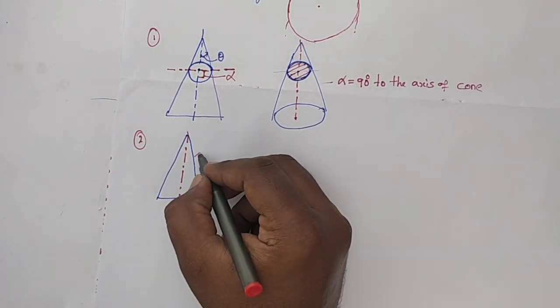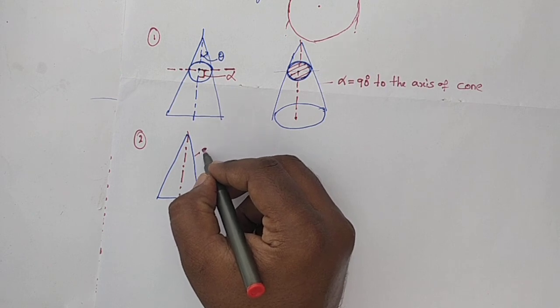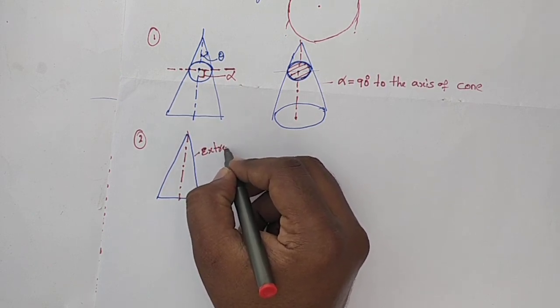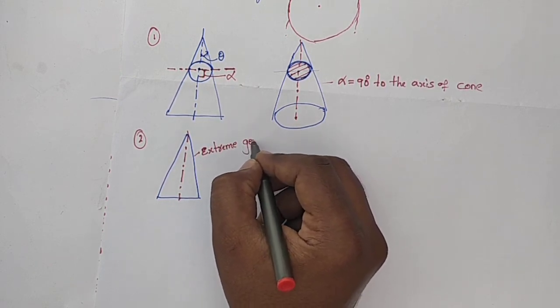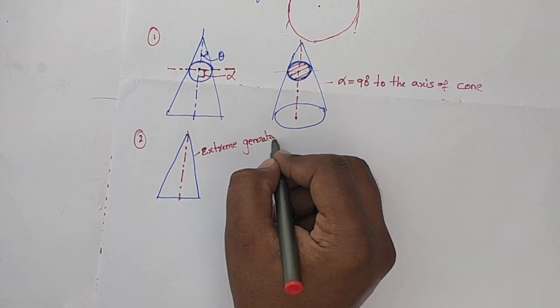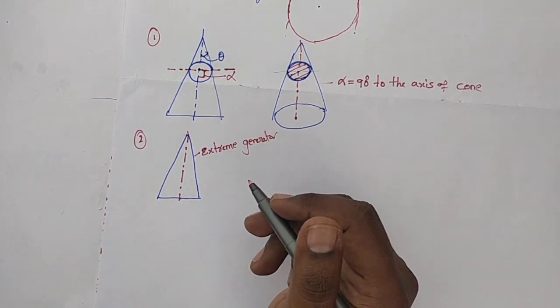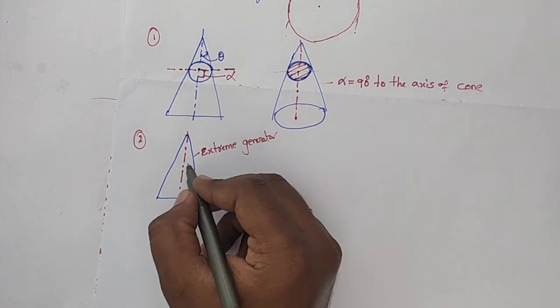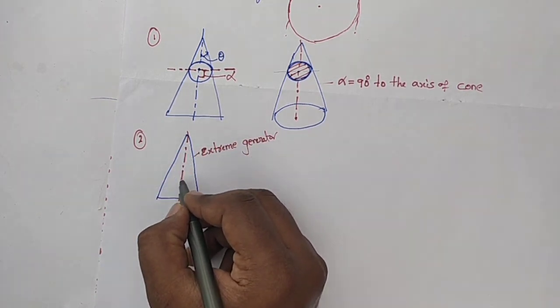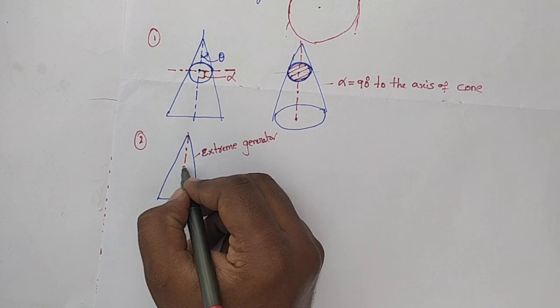This is the extreme generator. The cutting plane is parallel to the extreme generator, passing through any point in the cone.